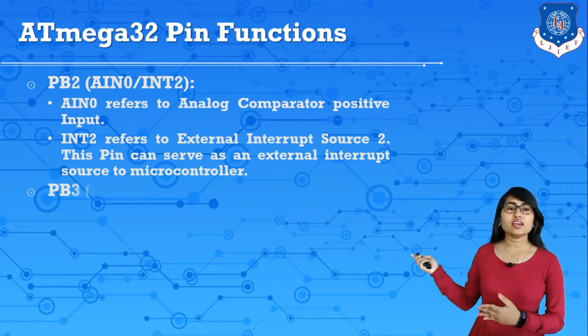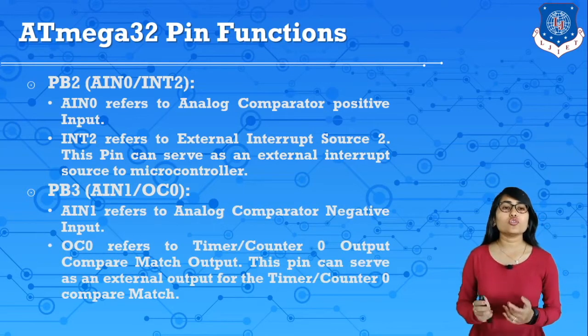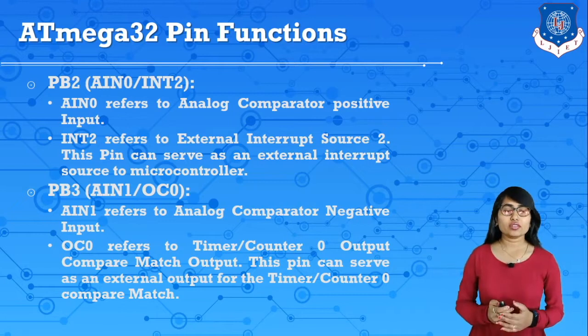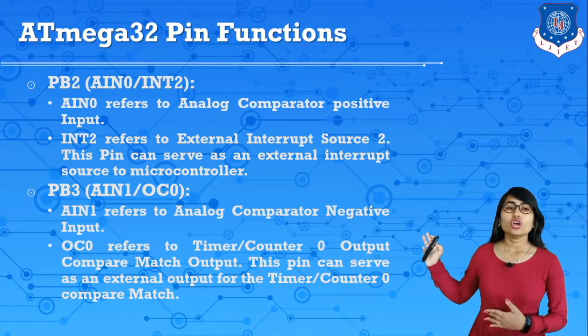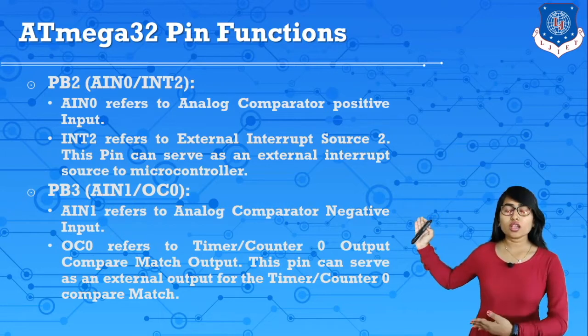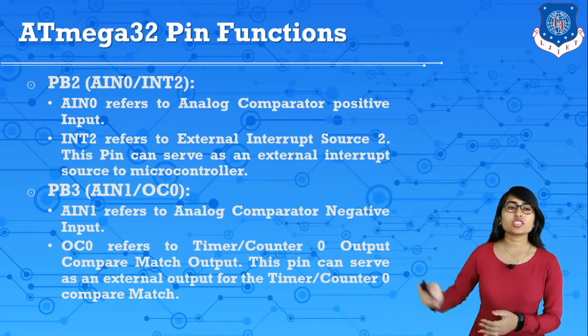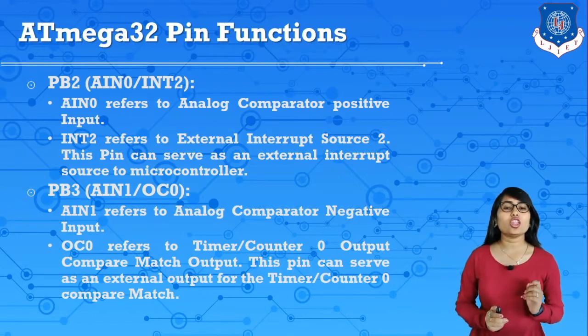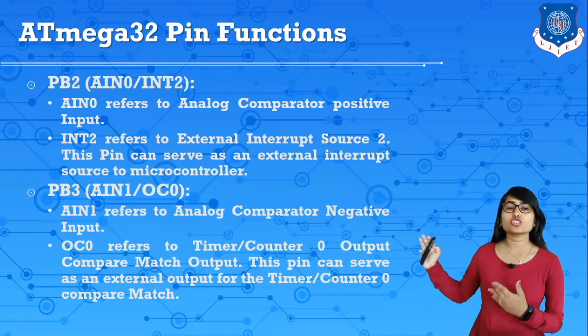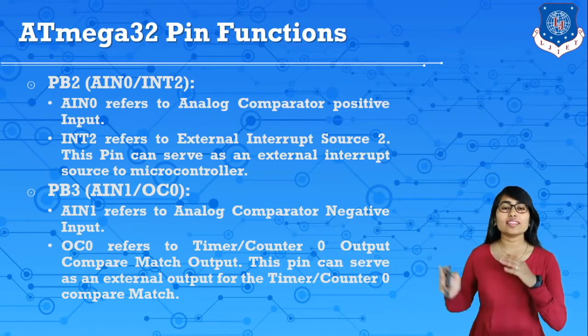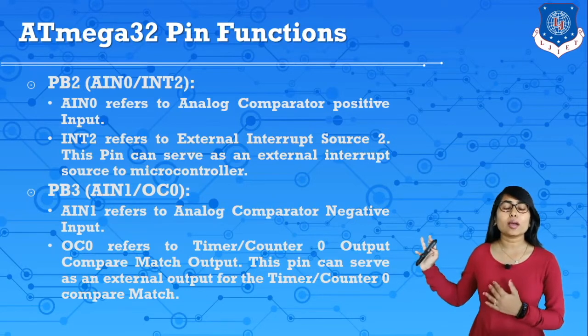Then next there is PB3. PB3 is for AIN1 and OC0. AIN1 refers to the analog comparator negative input; AIN0 is for positive and AIN1 is for negative. OC0 is for timer counter 0, and OC is basically the output compare match output.